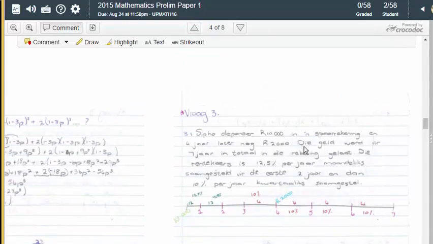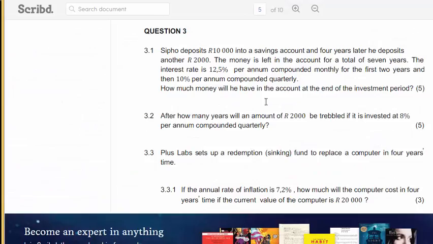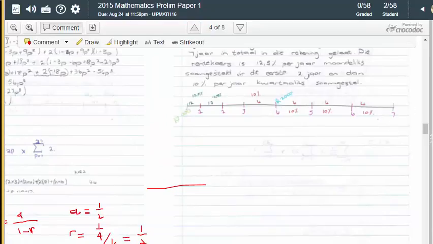So if I look at this, there's 10,000, and then after 1, 2, 3, 4 years, there's another 2,000, and the timeline is obviously very important. The money is left for a total of 7 years, so that's correct, 7 years.